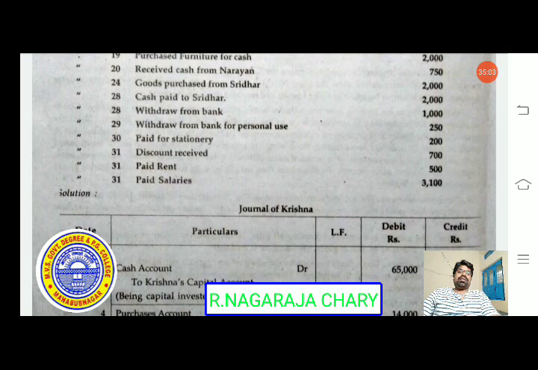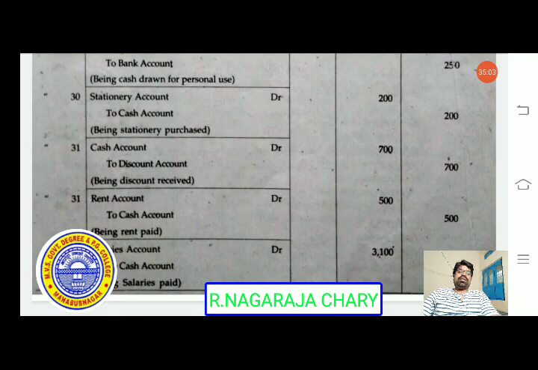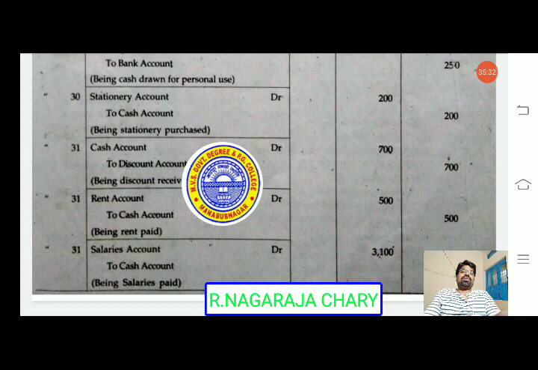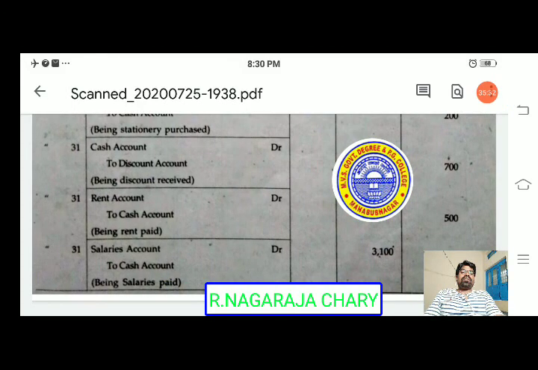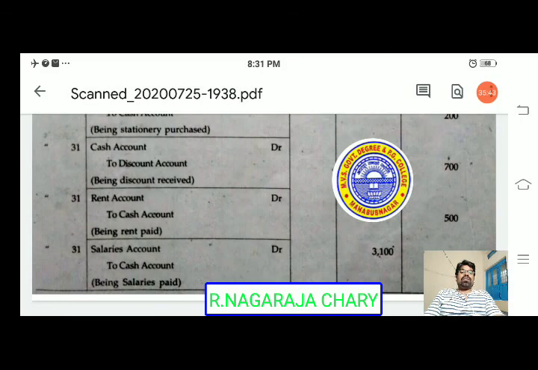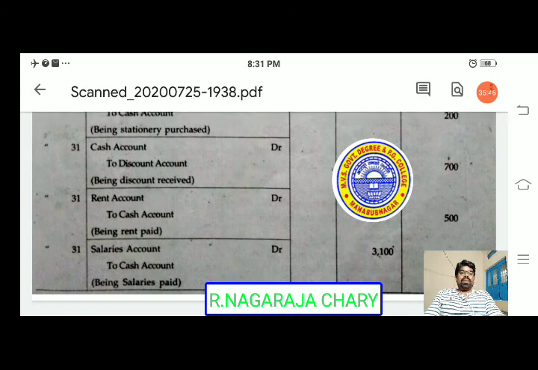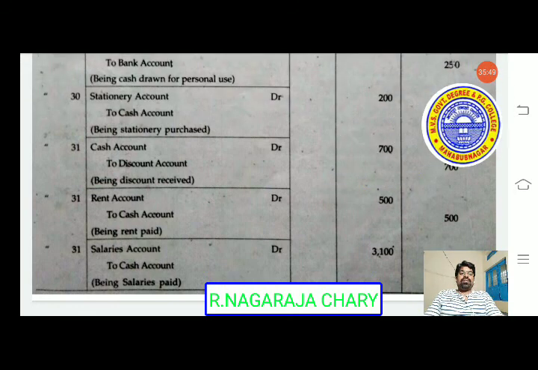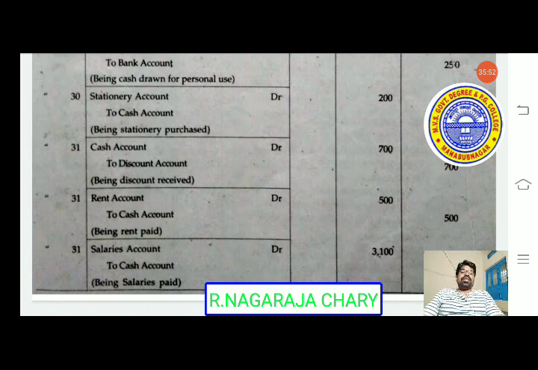Let us see one more, paid rent. So, earlier income we received, now we are paying rent. This is expenditure, and expenditure is to be debited according to nominal accounts.